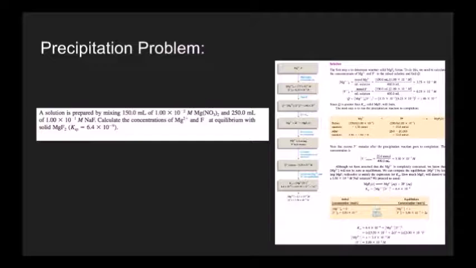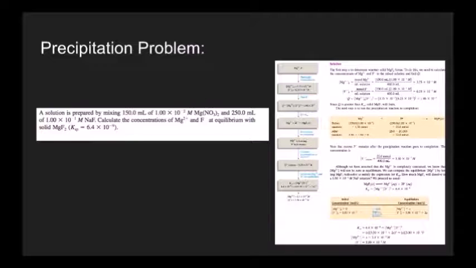So the first step is to determine whether MgF2 forms. By doing so, we have to calculate the initial concentrations of Mg2+ and F-. We can see from these initial concentrations, by using Q, the ion product, that Q is greater than Ksp. Therefore, precipitation will occur because the reactants will be used up.